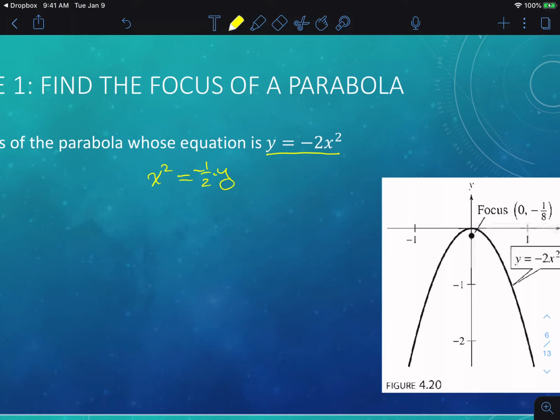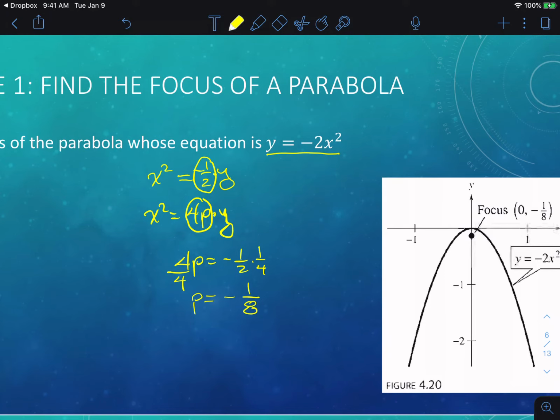Well, we were told that the standard form says that x squared is equal to 4p times y. So doesn't that mean then that this 4p is the same as negative 1/2? So that means then that 4p is equal to negative 1/2. And if I divide both sides by 4, or multiply both sides by 1/4, I get p then is equal to negative 1 over 8.